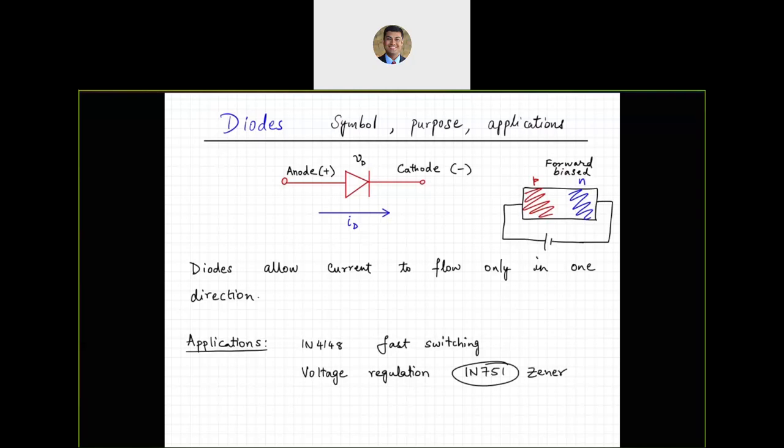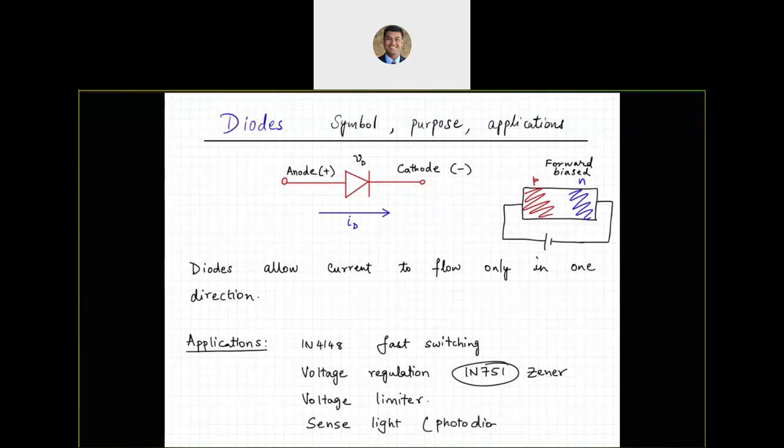Then we can also use this as a voltage limiter to limit the amount of voltage, and you can use various types of diodes to achieve voltage limitation. I can use the diode to sense light. So this is the application of the photodiode or phototransistor.